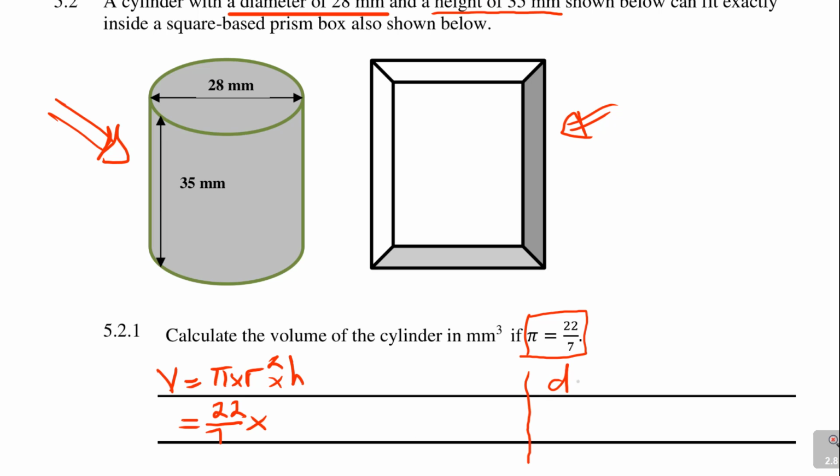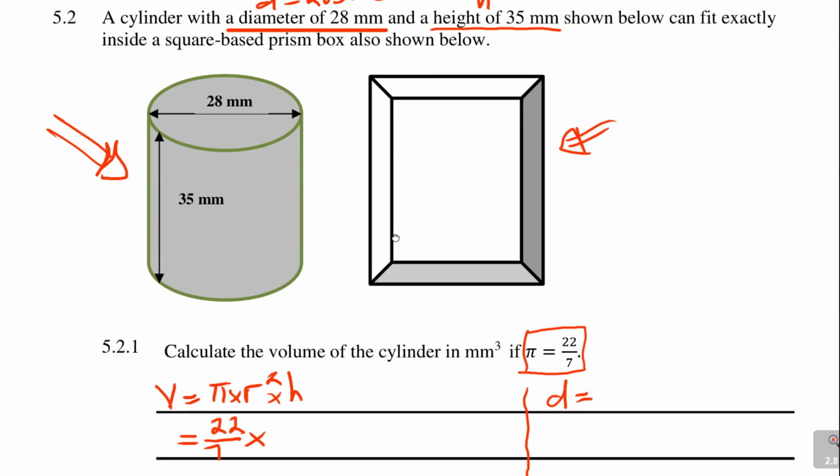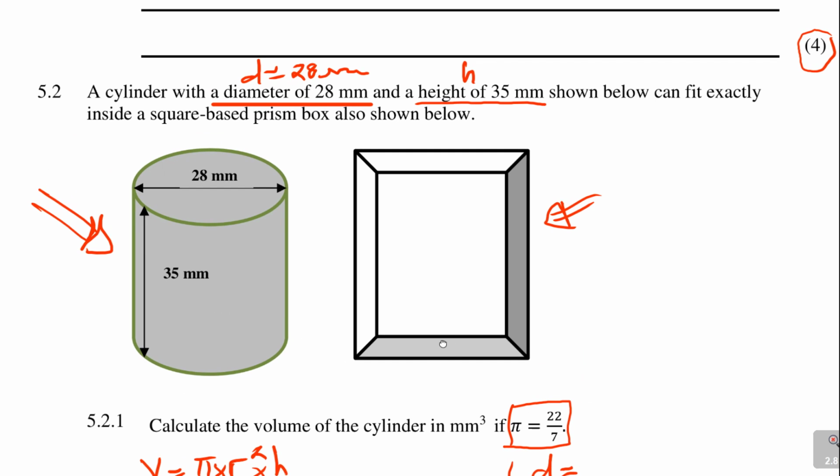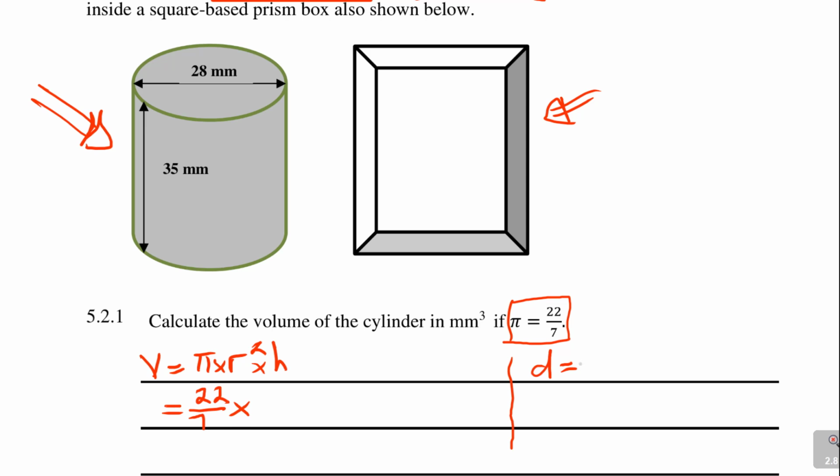Now, we know the diameter. What was the diameter? You see, the diameter is 28 millimeters. So it's very important. So you write that diameter is 28 millimeters. And you know, they even showed us the diameter. But the radius, that's from the center to the edge here.